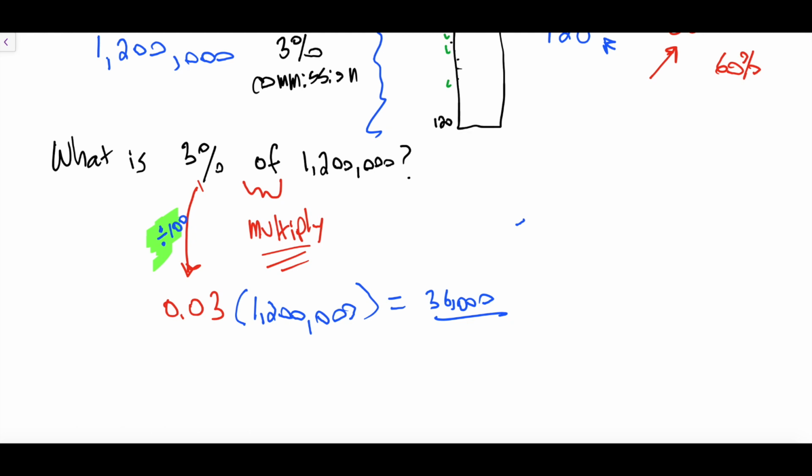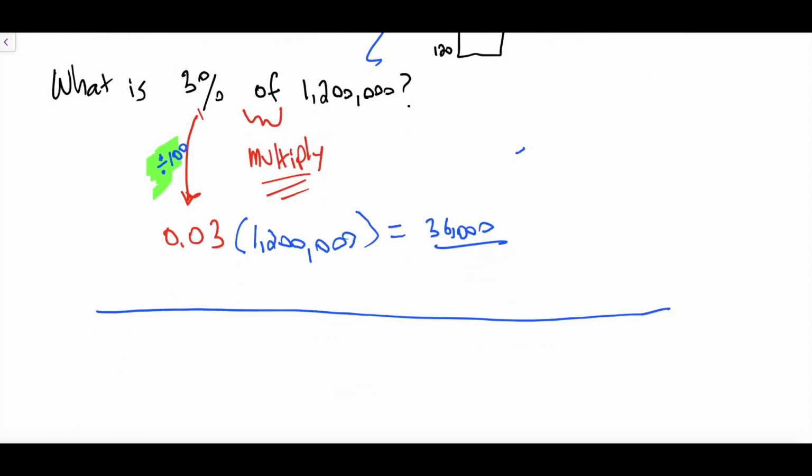So let's think about what just happened. Here's a number line. Here is 1.2 million, which is $1,200,000. Here's $0. And somewhere over here is 36,000.